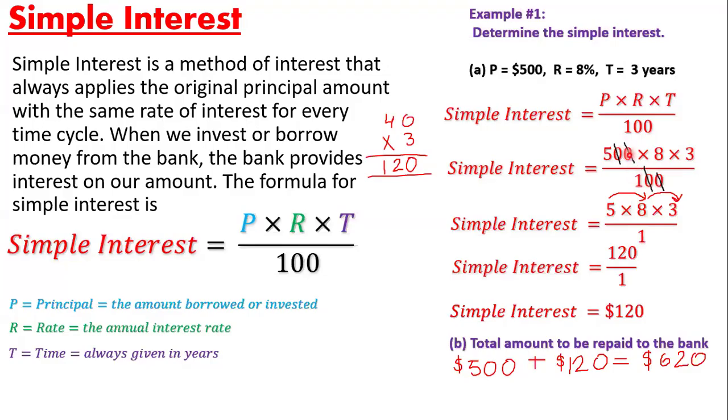We cancel the zeros, so we're left with 5 times 8 times 3. 5 times 8 is 40, 40 times 3 is 120. We have 120 over 1, which is just 120. That is the simple interest. Now, if we want the total amount to be repaid, we take the 500, add it to 120, and we get 620. And that's how we do that.